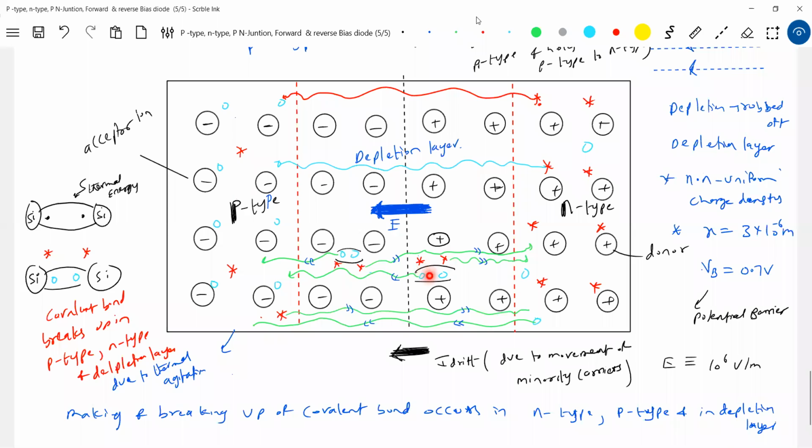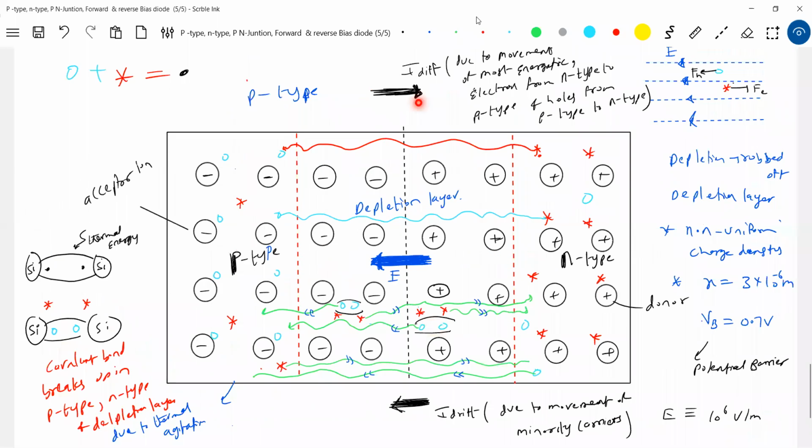We are not bothered about the making up of covalent bonds in the depletion layer, which is of no use. That's why the books avoided this discussion. So I'm just putting one statement; you need not bother about anything here. Just try to focus on the drift current and the diffusion current. Why the diffusion current? Due to movement of most energetic holes from P to N type and most energetic electrons from N to P type.